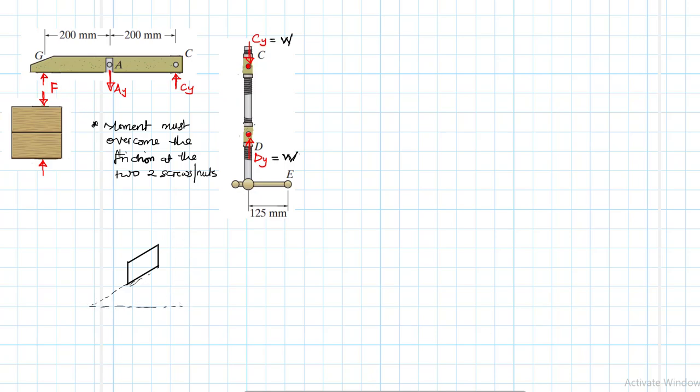So now here we expect the weight on these threads. The threads are two, where we have the two nuts and the threads, so we expect friction at those two points. They are of the same magnitude, therefore I just indicate them as 2W.